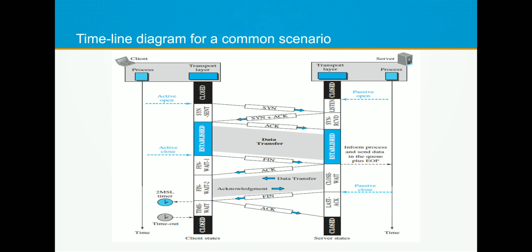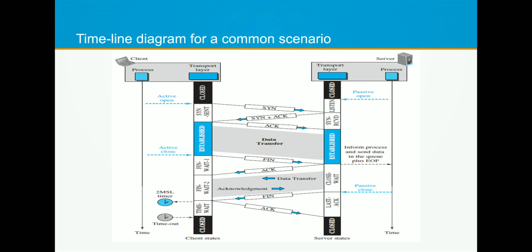If you see in the diagram carefully, even though the client has moved into the established state, just after the SYN sent state, here you see that the data transfer does not start immediately. The data transfer happens when the server has acknowledged. When it receives this acknowledgement, at that point the data transfer starts.